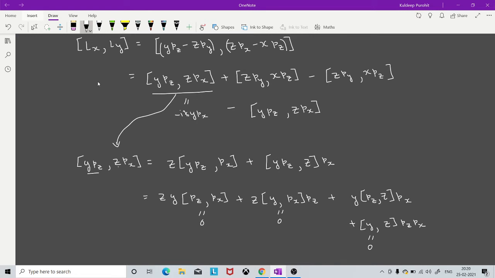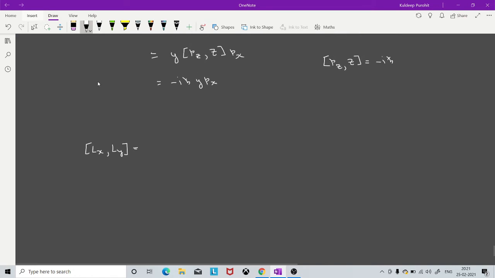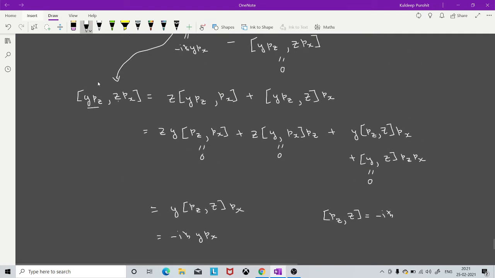For the other term, z py, x pz, comes out to be i h-bar x py, and the other two terms come out to be 0. So Lx, Ly will be equal to minus i h-bar y px, due to the first term, plus i h-bar x py from the second term.